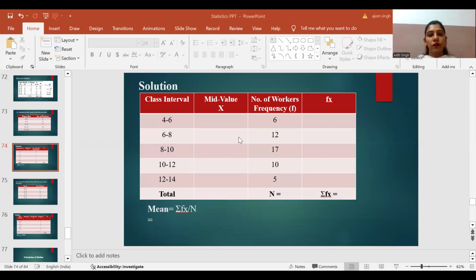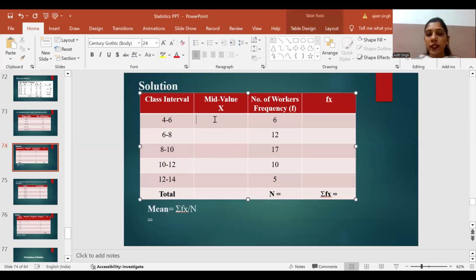First of all, we will calculate the mid value of each class interval. How can we calculate it? By adding the upper limit and the lower limit and dividing that by 2.